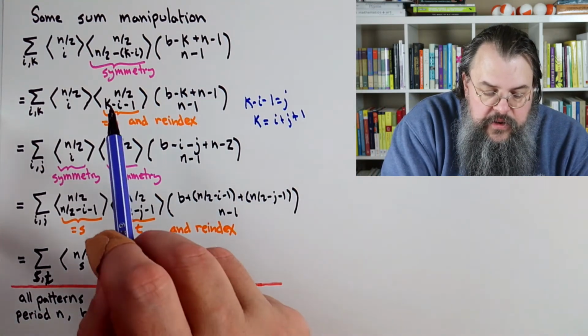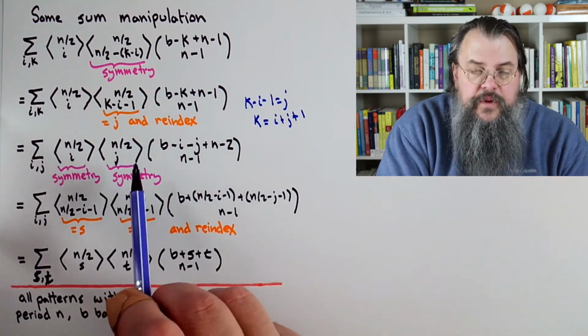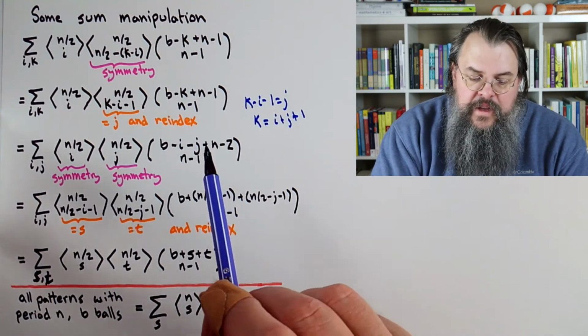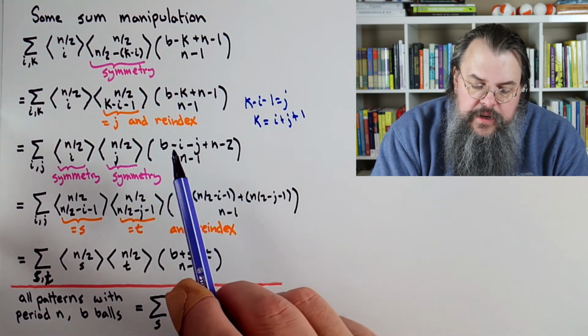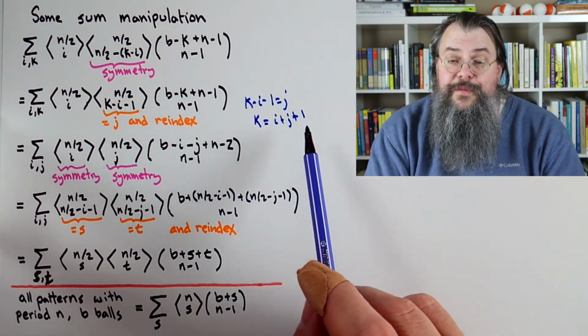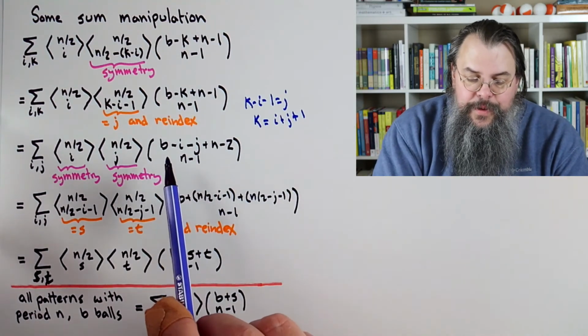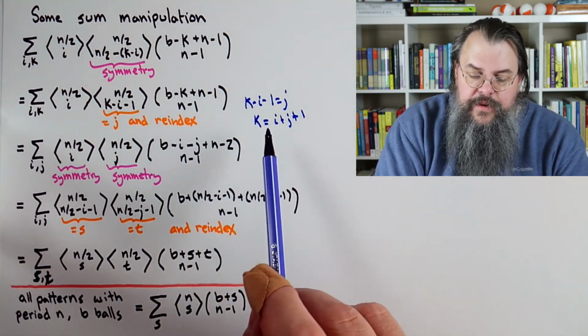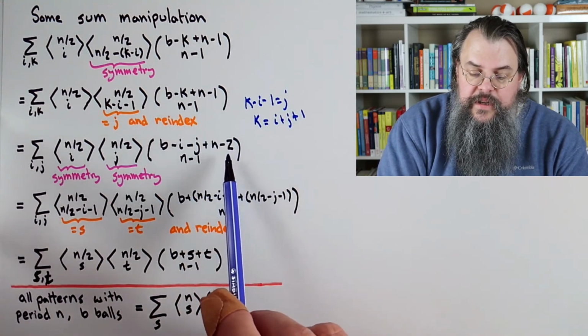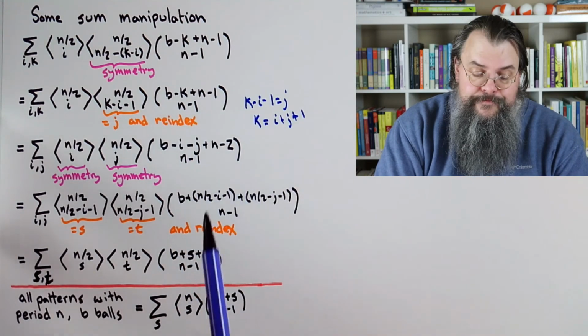All right, so this becomes a really nice, simple Eulerian coefficient, n over 2, j. And here, you need to do a little bit of work, but remember the k became i plus j plus 1. So this minus k, we subtract i, subtract j, and subtract 1. We already had a minus 1. That's why you end up with a minus 2.